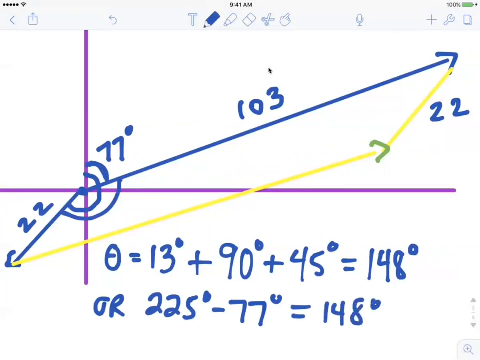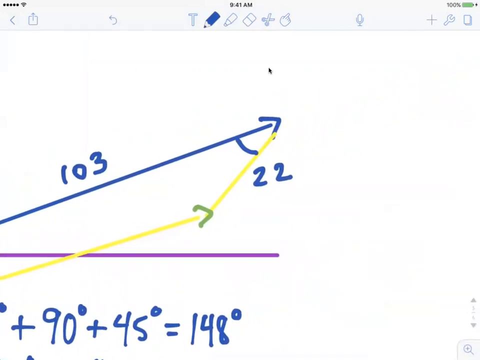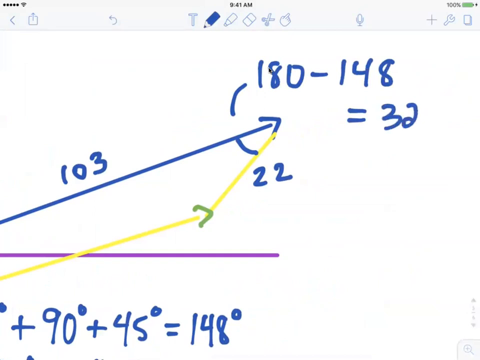We're pretty confident that that angle is 148. Then up here, that angle should be, using the parallelogram laws, 180 minus 148, which is 32 degrees. So that's that angle there.